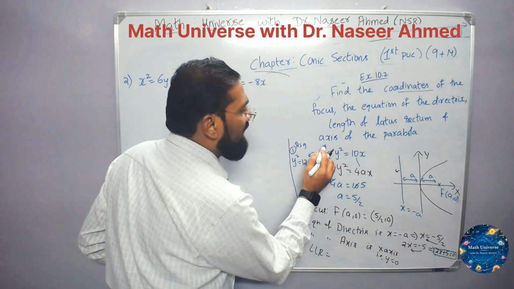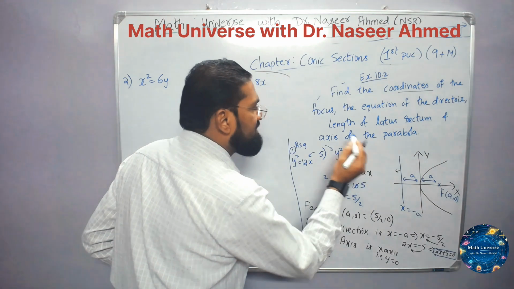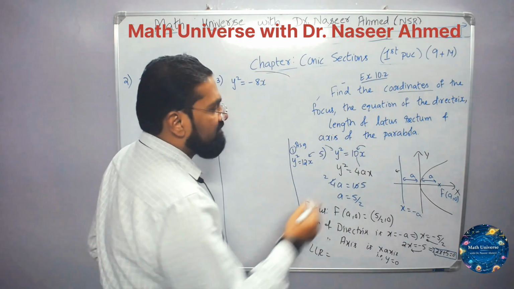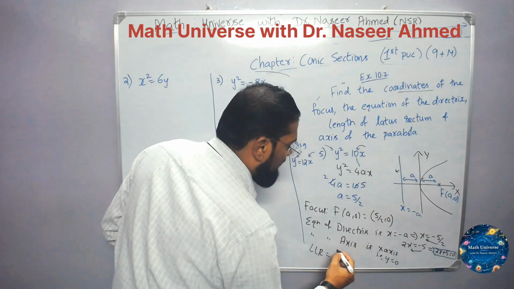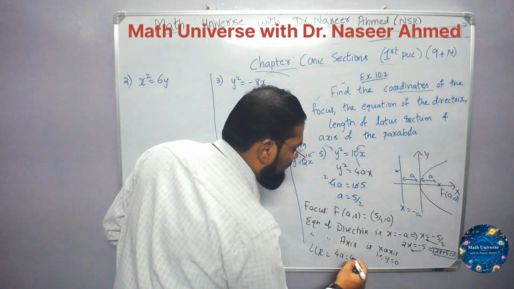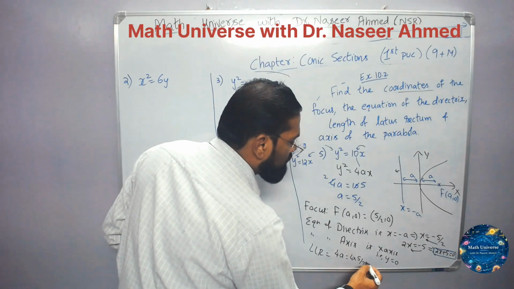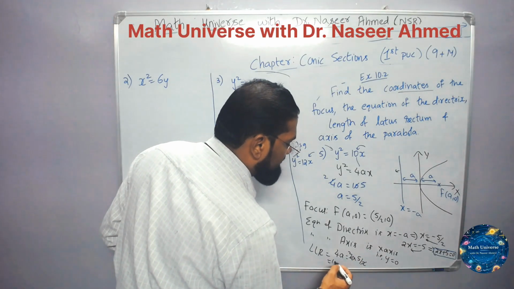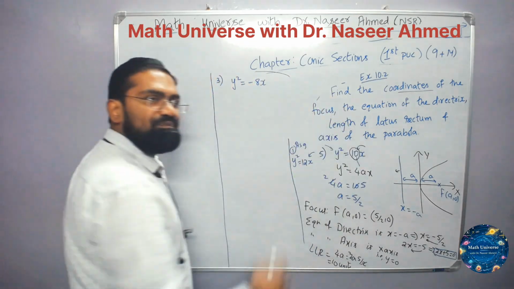As soon as you see the leading power multiple is 1, then whatever the multiple of x, the degree 1 variable, that is your length of latus rectum, that is 10. Anyway, you can compute in the usual way, 4 into a, what is the a value? 5 by 2. So 2 1s are 2, 2 2s are 4, 5 2s are 10 units. But you can say directly from here only.